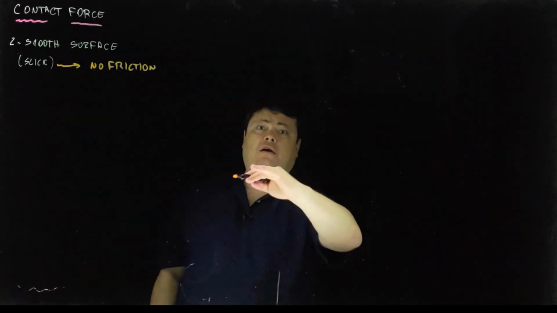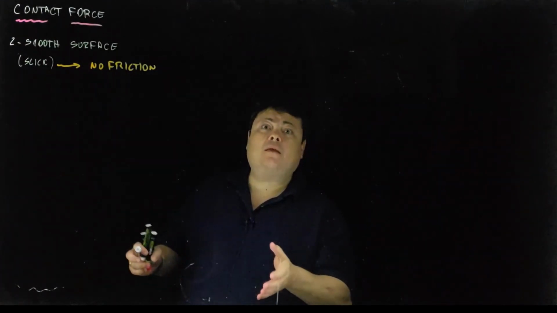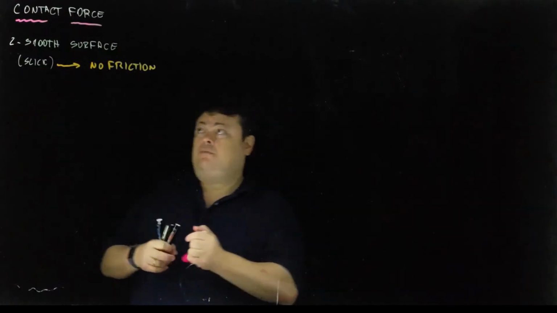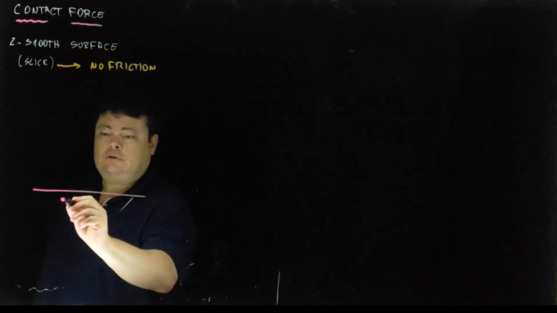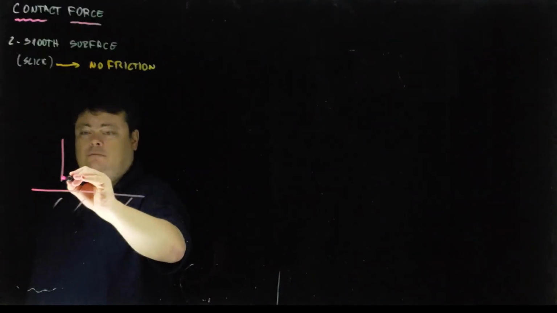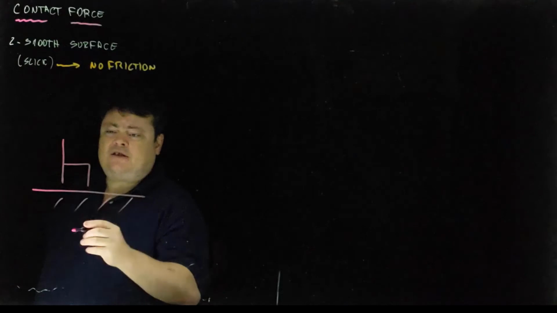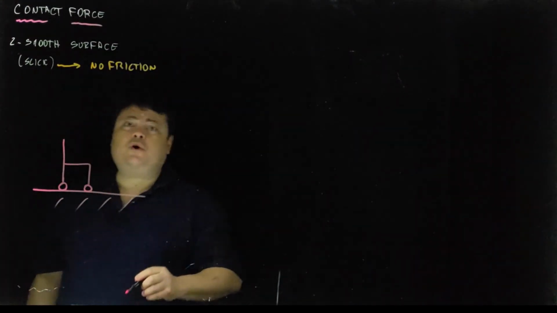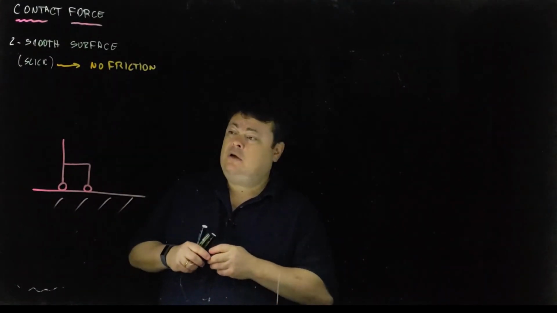It's a perfectly smooth surface. And every time we talk about perfect, we talk about a model. So, in this situation here, I will consider the floor and a chair on the floor. But just to make it easier for us to visualize, let's imagine that this chair now is on wheels. Okay, perfectly frictionless wheels.